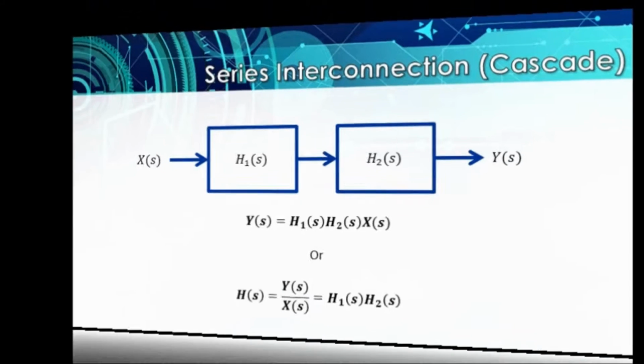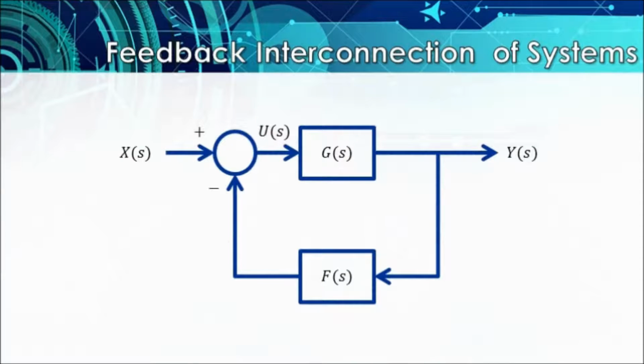Finally, we consider the feedback configuration. In this case, the output is fed back to the input. Negative feedback is common in practice because positive feedback can cause system instability.